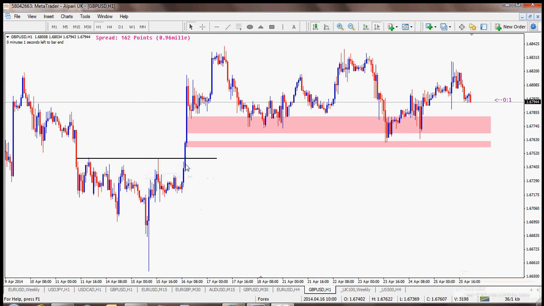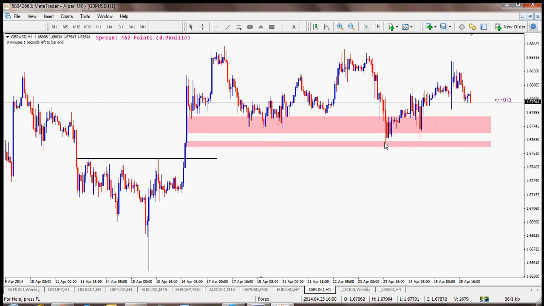So this may turn out to be a significant point because it's also like a lower time frame version of what's going on here, where you have this line of highs there, gets broken, you have a decision, and it breaks up again.